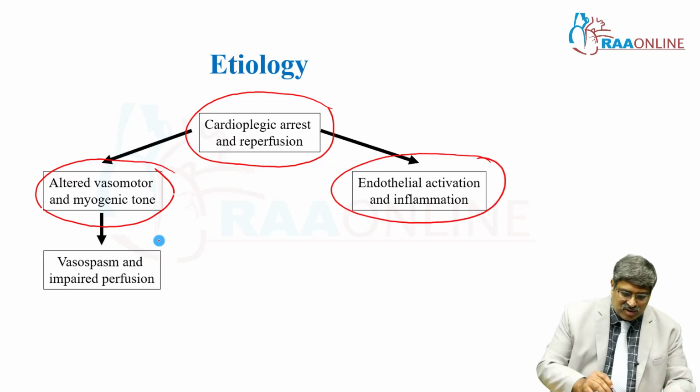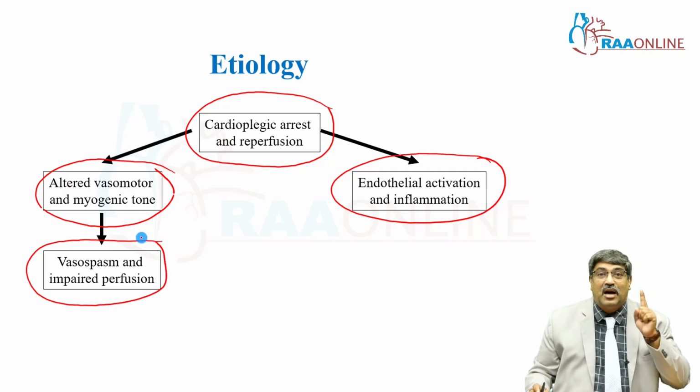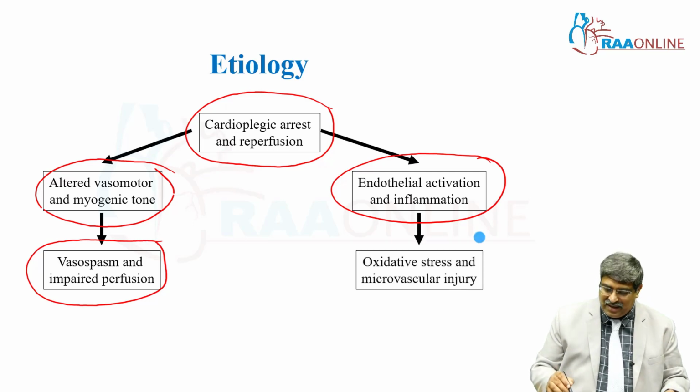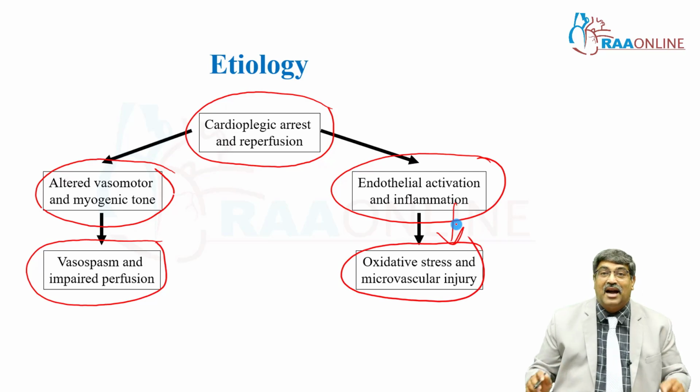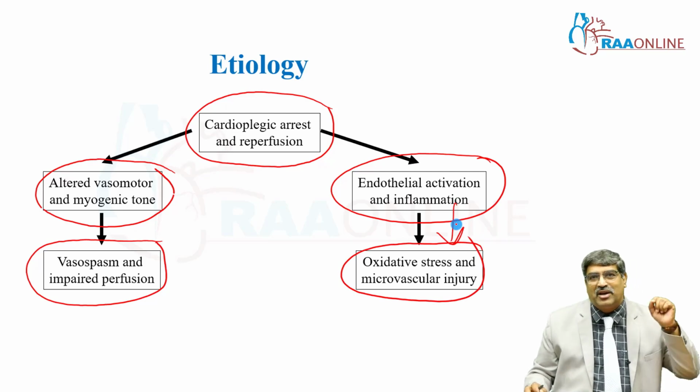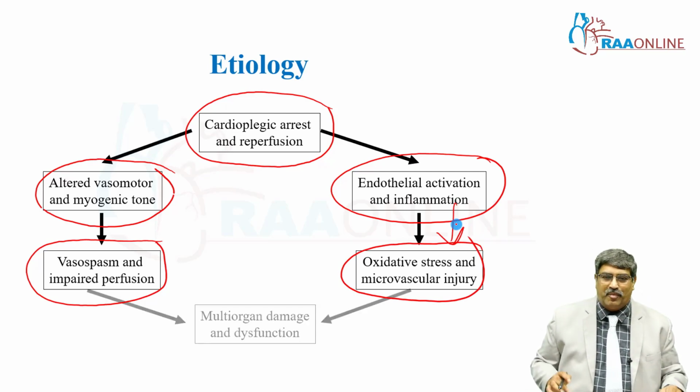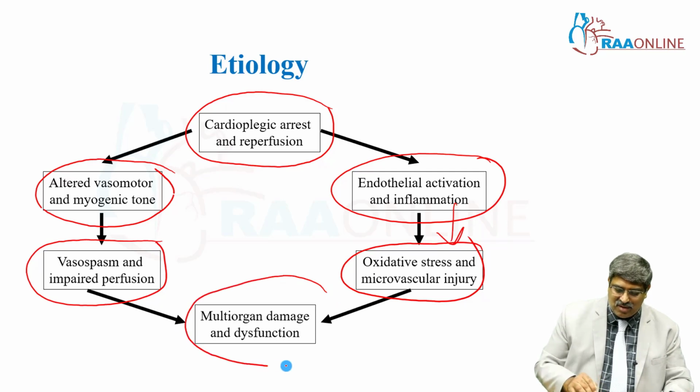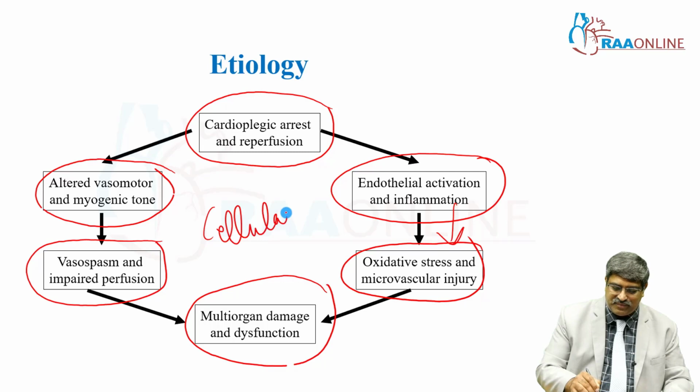This vasomotor tone can trigger vasospasm and impair perfusion to all organ systems. And here the endothelial activation can lead to oxidative stress and microvascular injury. The microcirculation will be compromised. This leads to multi-organ damage. This is at the cellular level.